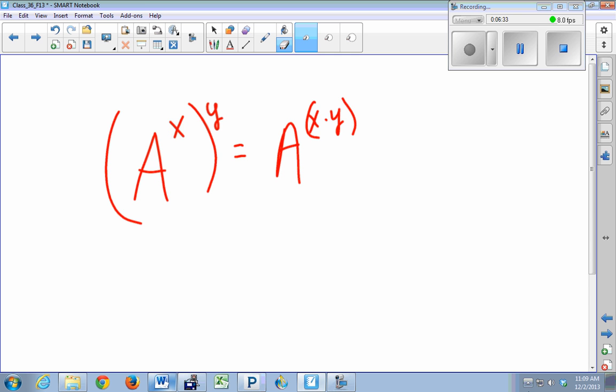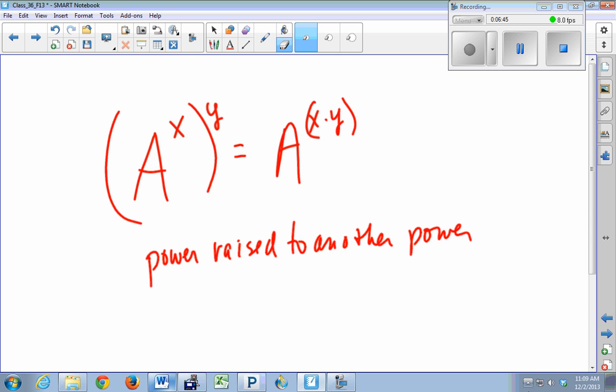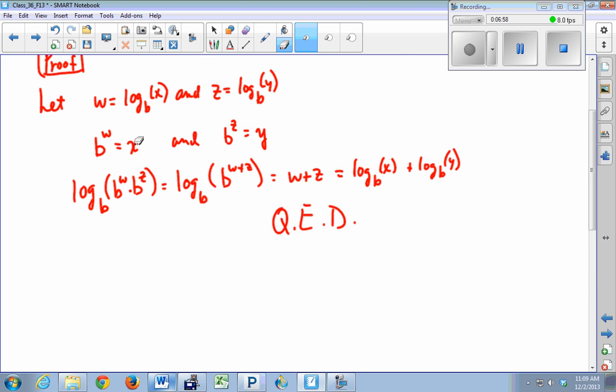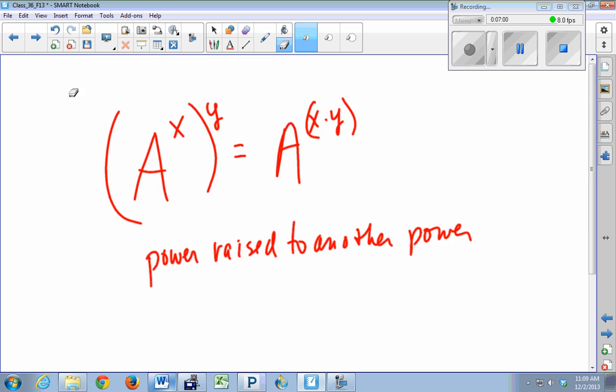The language we use for this exponent property is when you have a power raised to another power, you multiply your powers, okay? So again, there should be a similar log property for an exponent property, since they're inverses of each other. So let's take a look at our next property here.